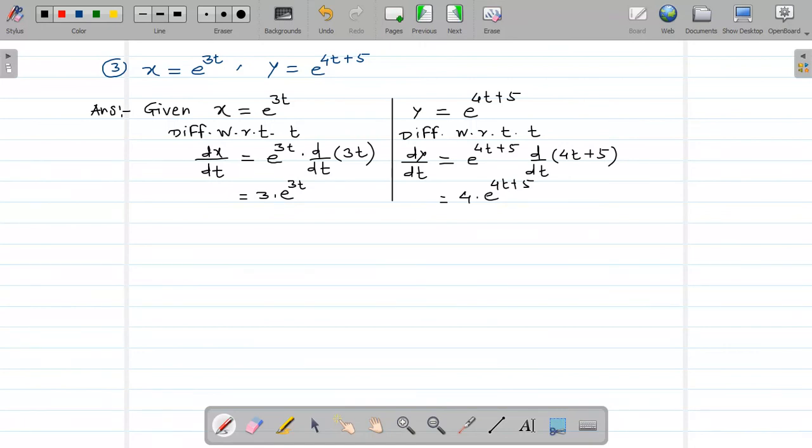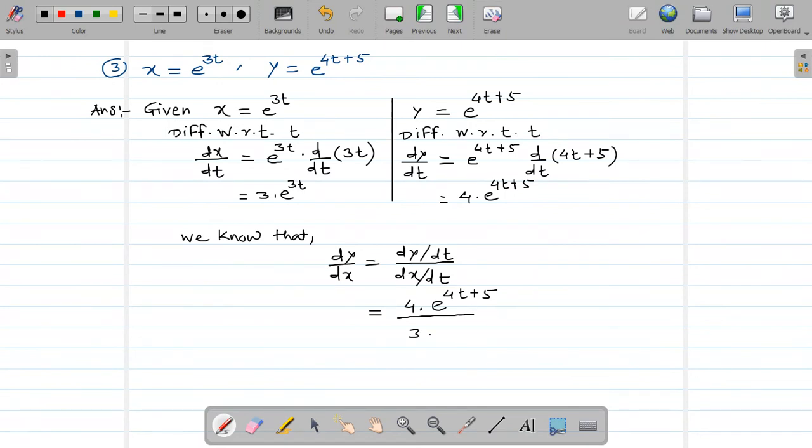Now as we know, in the same way, dy by dx is equal to dy by dt upon dx by dt. So complete the answer. dy by dt is 4 into e raised to 4t plus 5 divided by 3 into e raised to 3t.